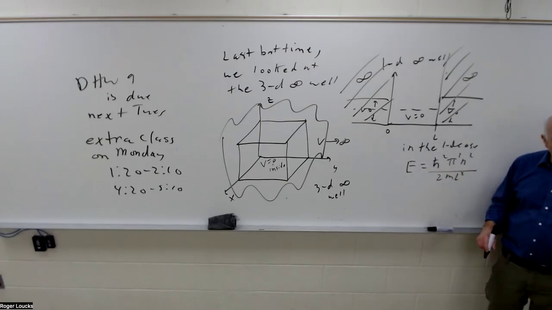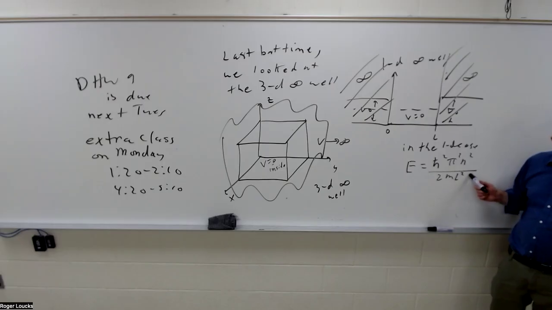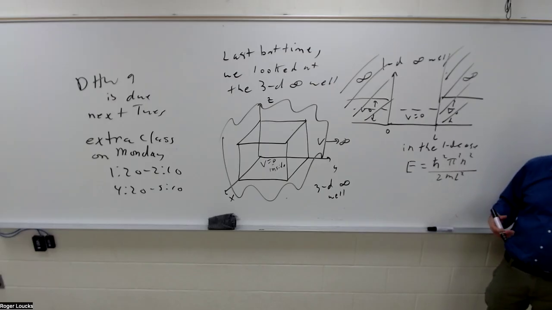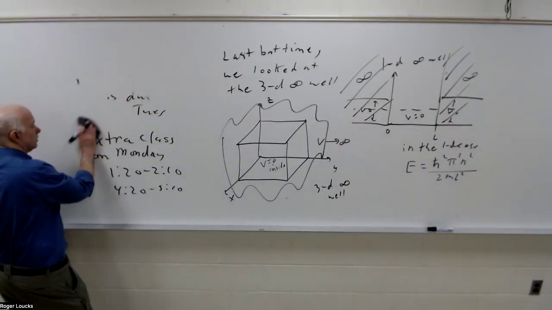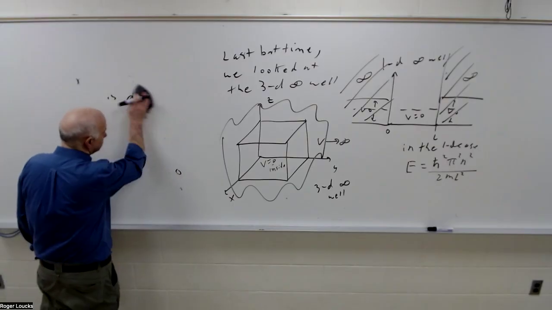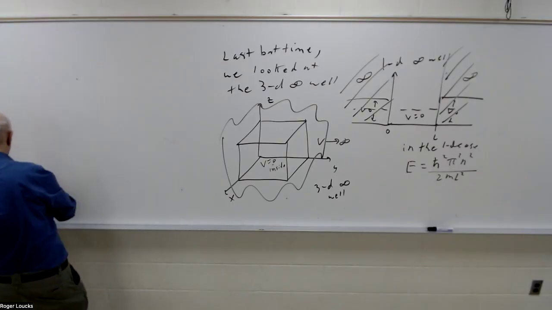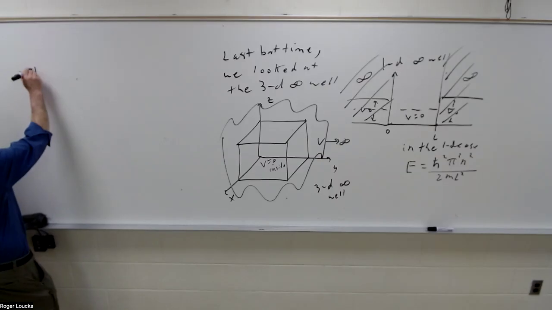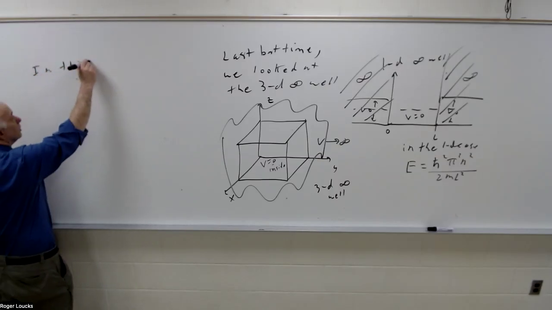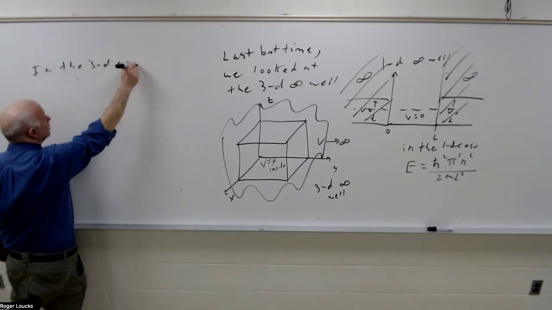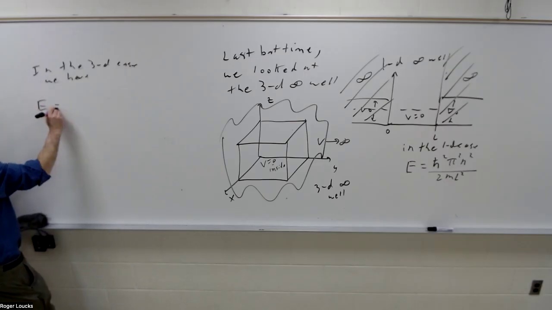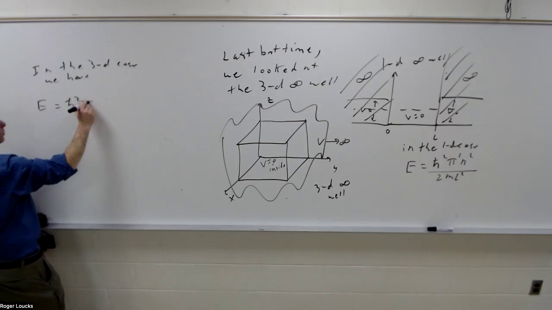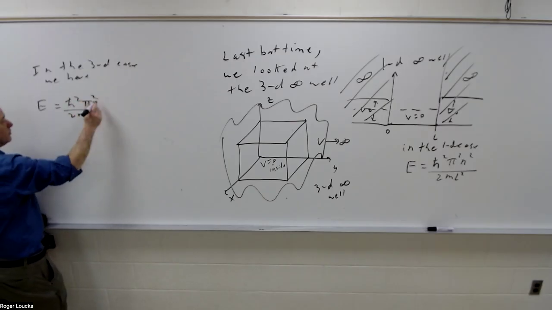And when we go to the 3D case, what do we have? We have the exact same thing, but now we extend it to the Y and the Z directions. If you watch that video, you'll see where we do all the details on that. So in the 3D case, the energy is h bar squared pi squared over 2m.